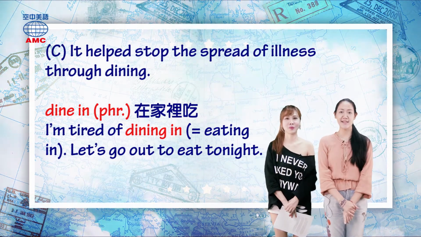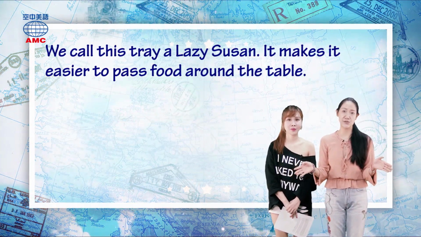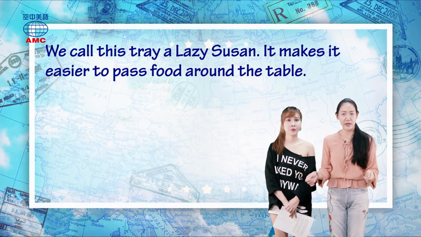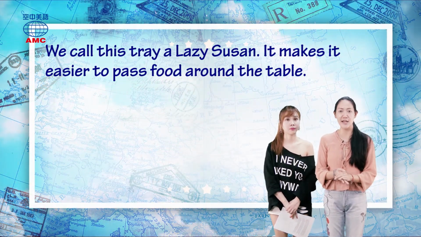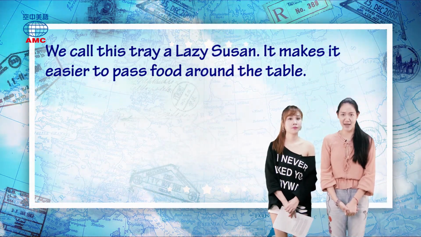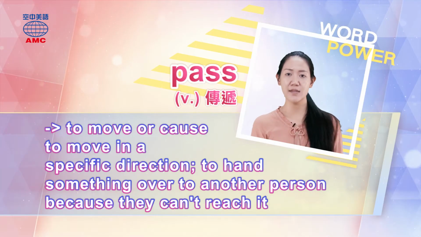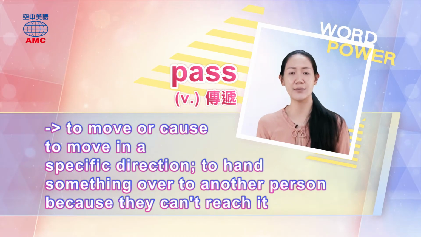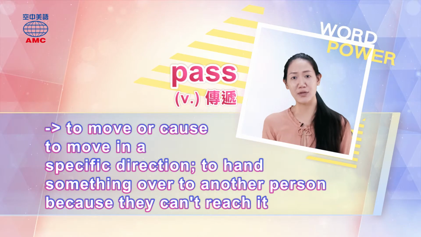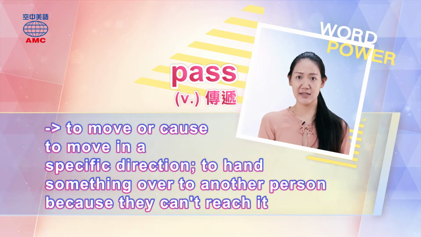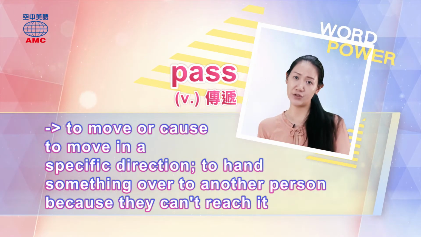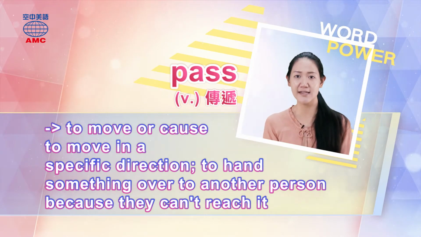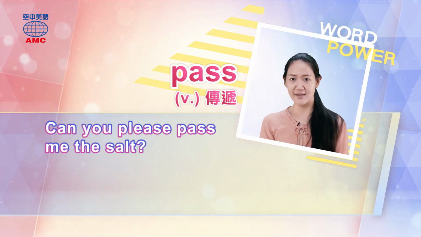So the next sentence says, we call this tray a lazy Susan. It makes it easier to pass food around the table. We have the verb here, pass, P-A-S-S, pass. Pass means to move or cause to move in a specific direction. So for example, you can say passing food around the table. If you pass something, that means you hand something over to another person because they can't reach it. Our sentence here says, can you please pass me the salt?